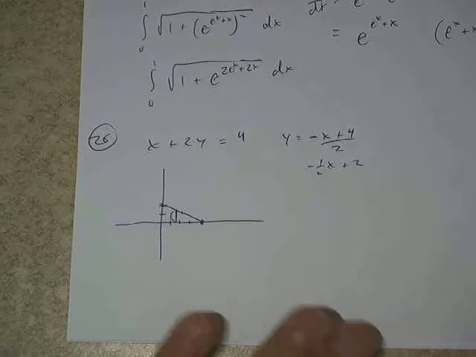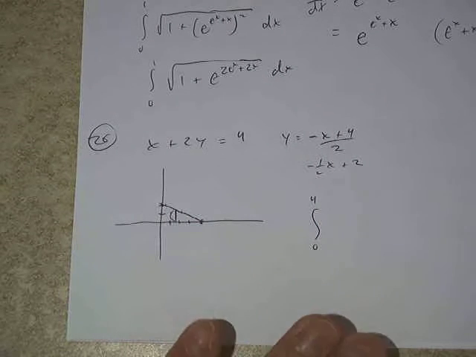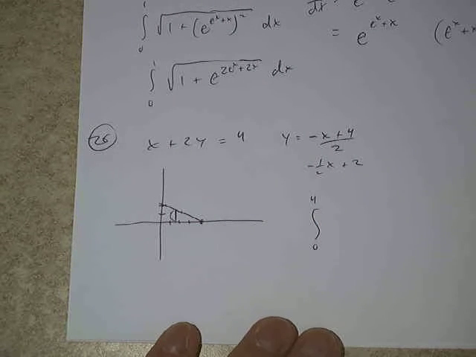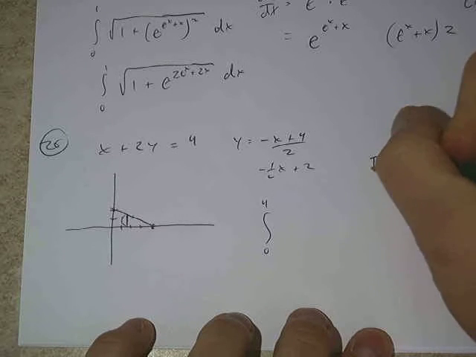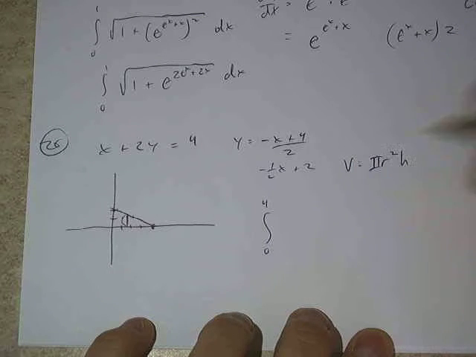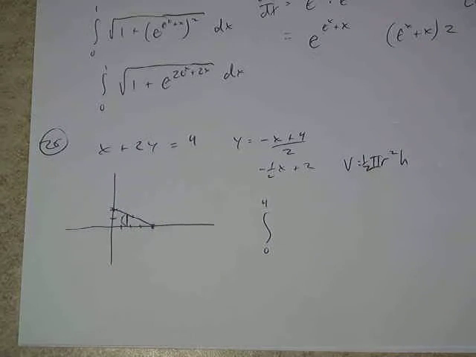Bottom line is, 0 to 4 is going to be the integral, right? That'll sum up the volumes of each of these semicircles. And we know that a disk has a volume formula of pi r squared h, and a semicircle would be half of that. So 1/2 pi r squared h, because it's a semicircle instead of a whole disk, if you will.